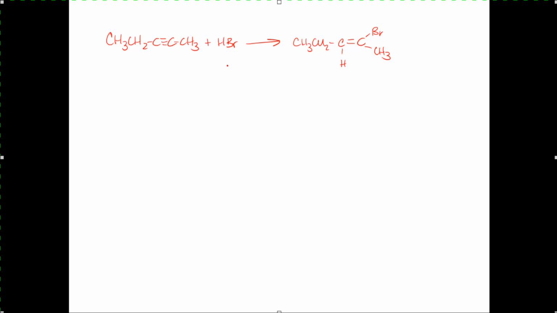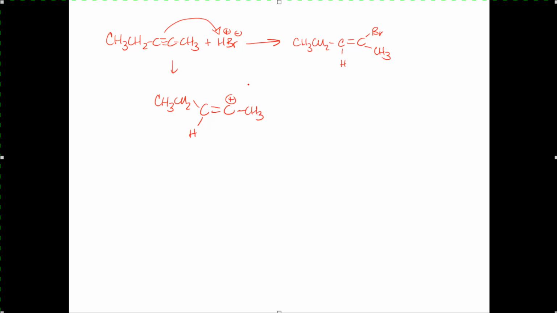And if we think about writing an abbreviated mechanism for the intermediate, the triple bond would be used to bond the H+. If we added it to this carbon, we would end up with this carbocation.